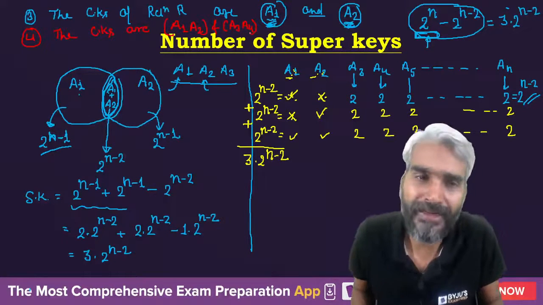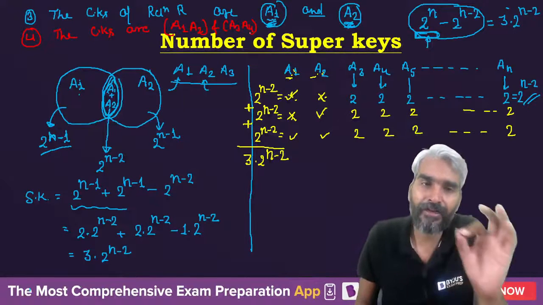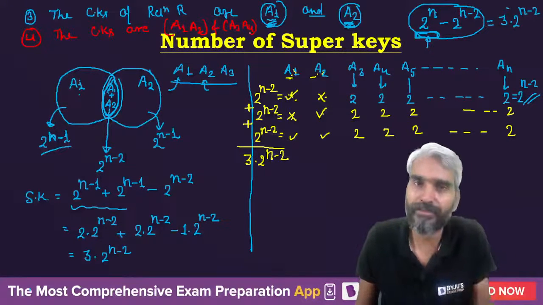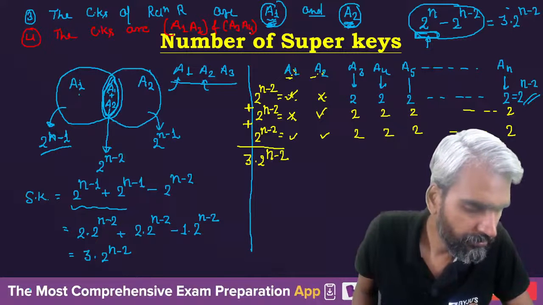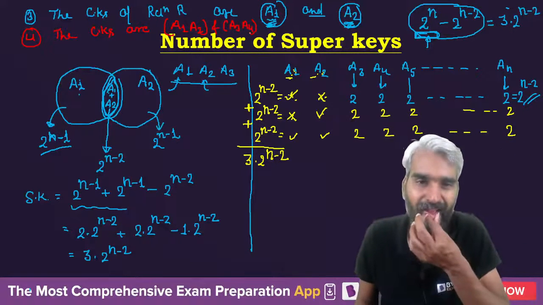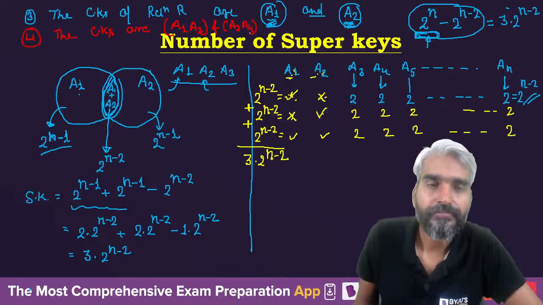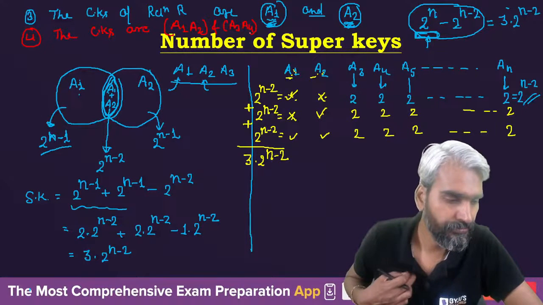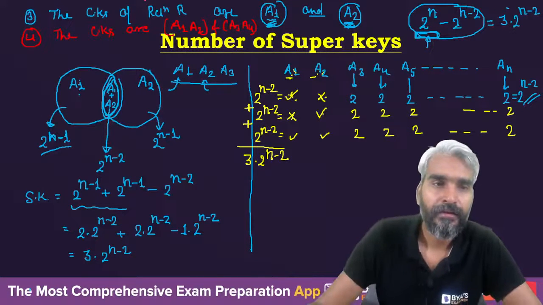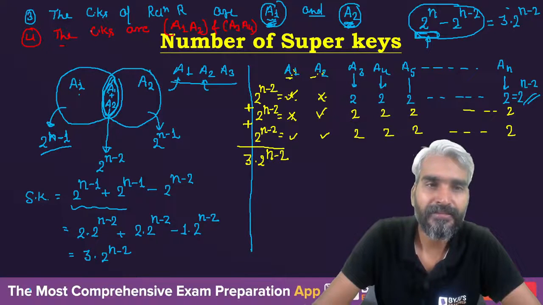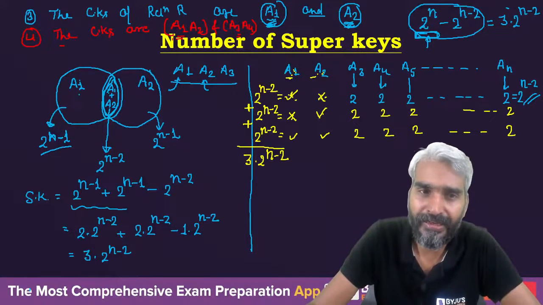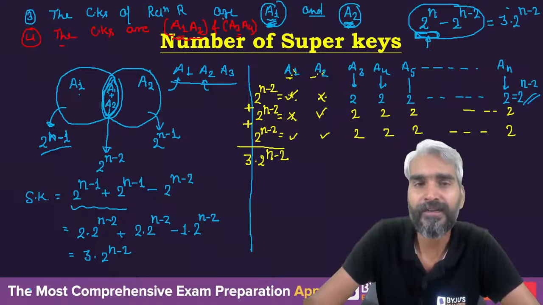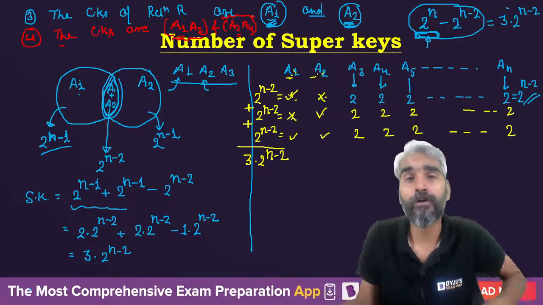How many such super keys are there in which A1, A2 together form one candidate key and A3, A4 together form another candidate key?